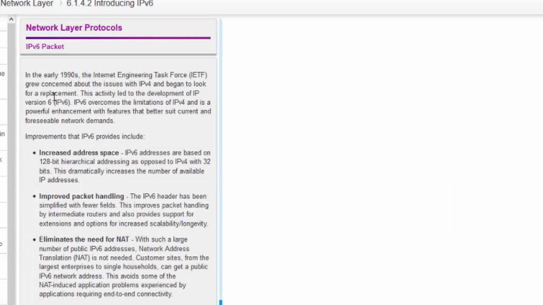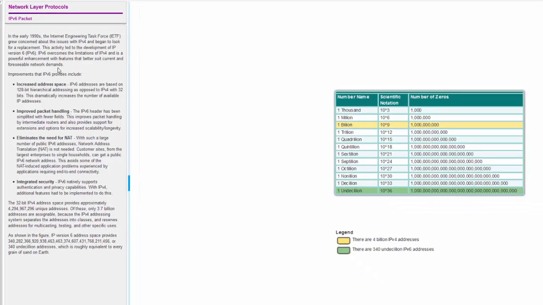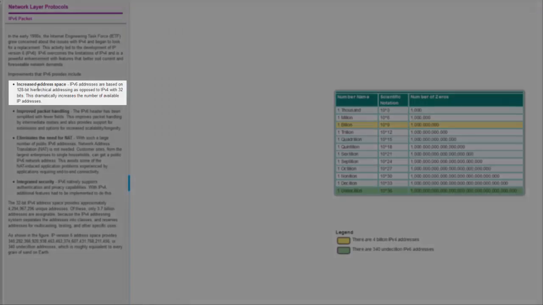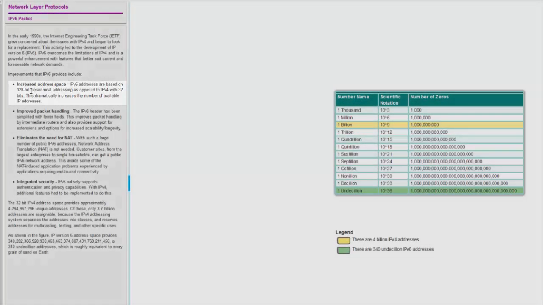So instead, IP version 6 tried to resolve this issue by first increasing the address space. Well, the IP address in version 6 has increased from 32 bits all the way to 128 bits.